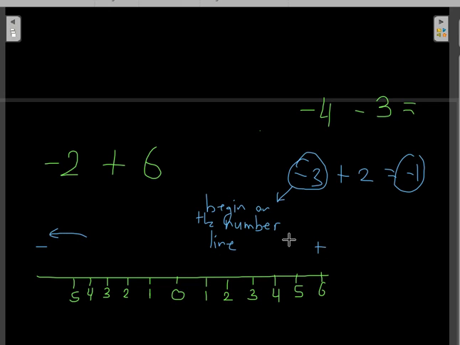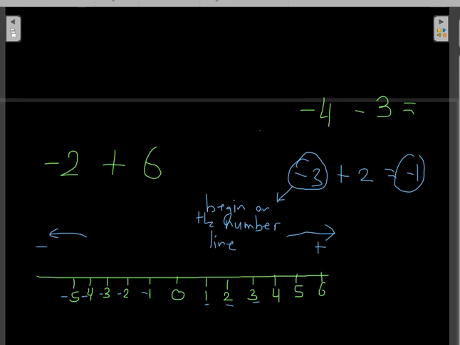The right hand side is positive. When you draw a number line, you will draw a straight line, find the middle of that line, and put the zero in the middle. To the left of the zero would be negative 1, negative 2, negative 3, and so on and so forth. And the right side is positive, so it's going to be positive 1, positive 2, positive 3, positive 4.